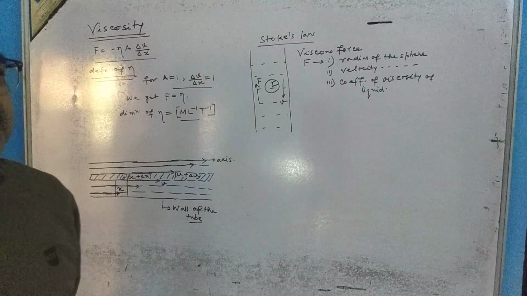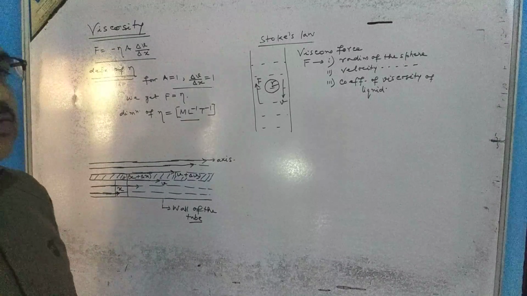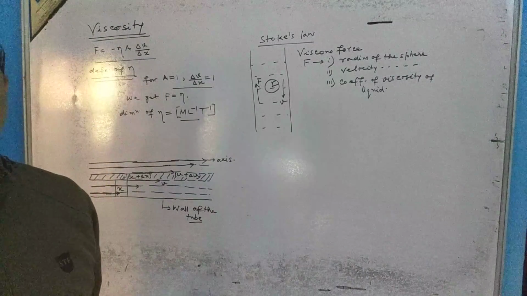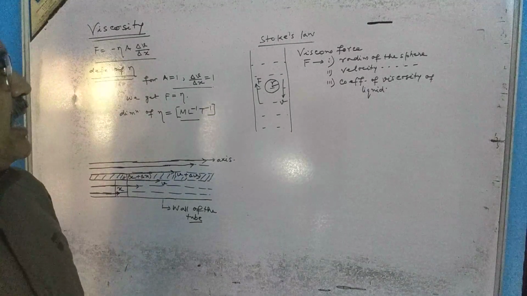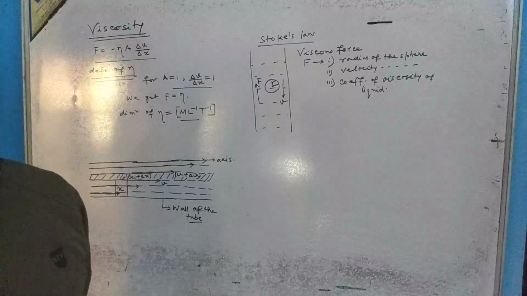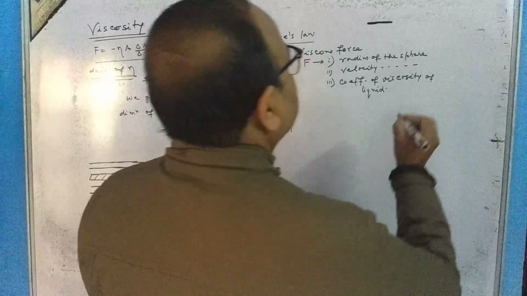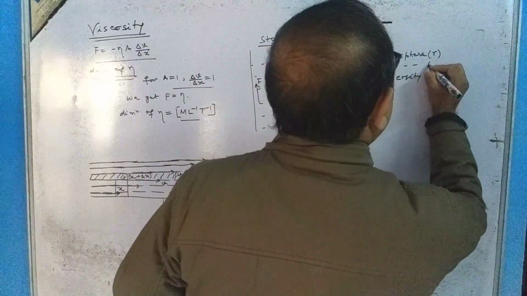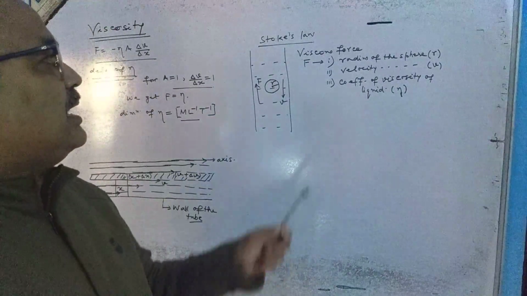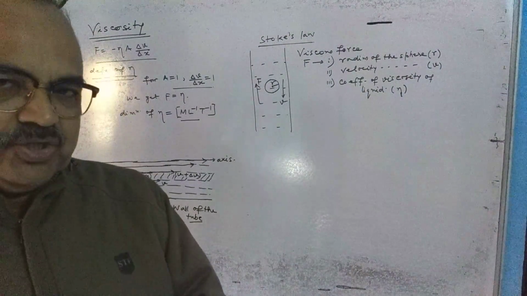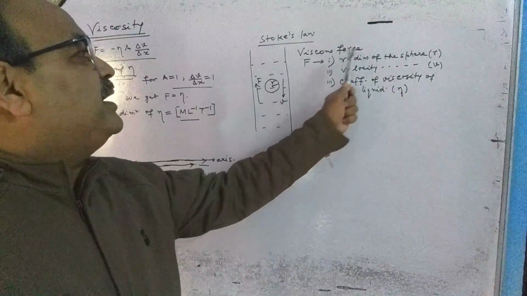So F will depend upon the radius of the sphere R, velocity V, and eta. Now I want to establish a relation among these quantities by the method of dimensions.